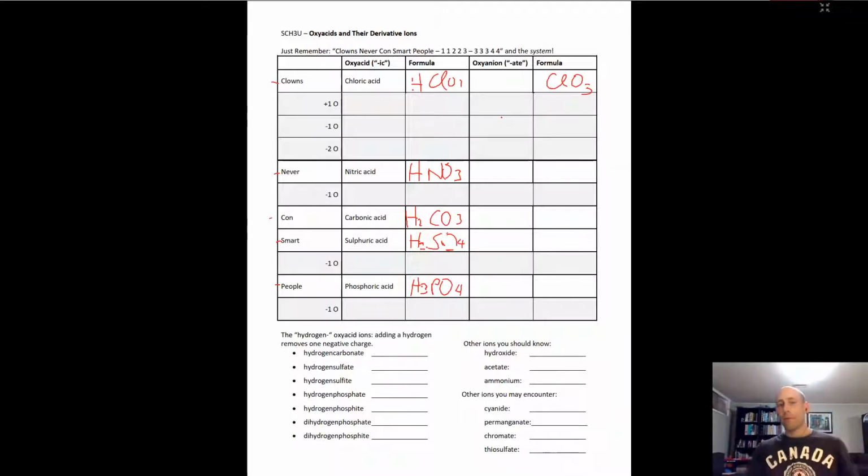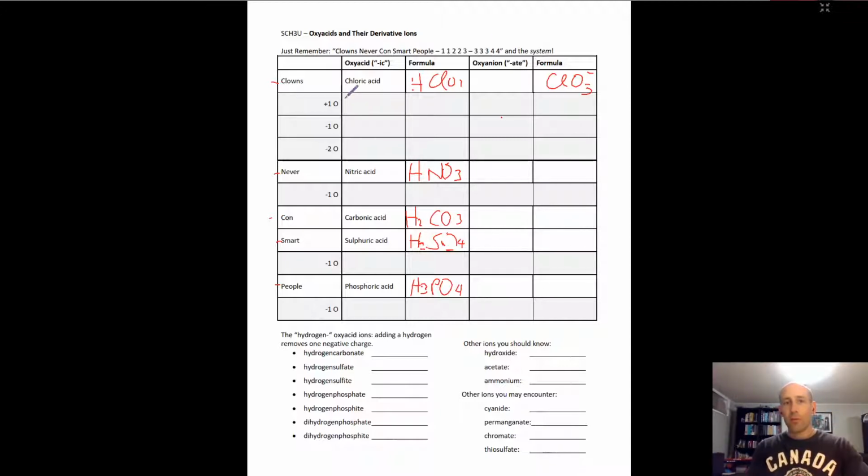Every hydrogen I remove, because it's an acid, leaves with just the hydrogen, the proton. It doesn't take its electron with it. So we're left with a negative charge. Remember, it's an anion, so it's a negatively charged ion. And the quantity of charge is the number of hydrogens you removed. So there's one negative charge on this ion.